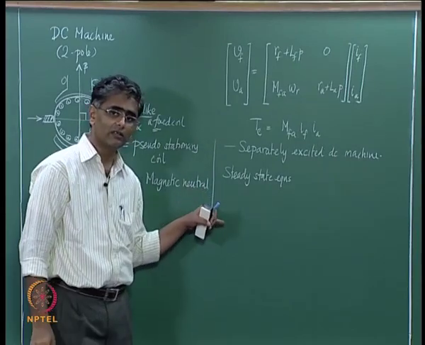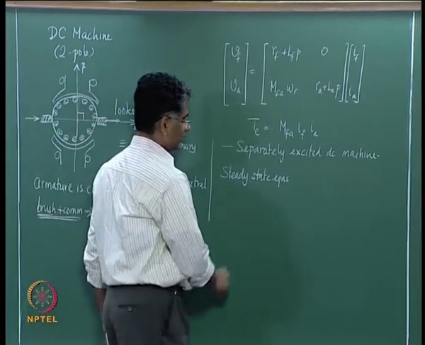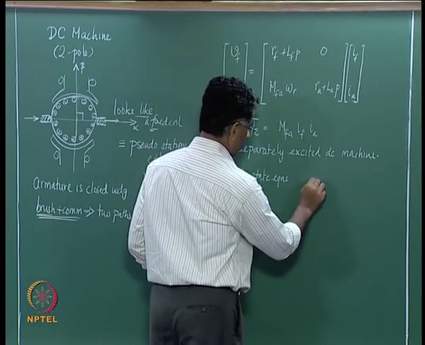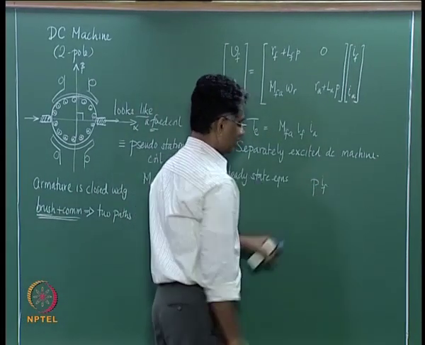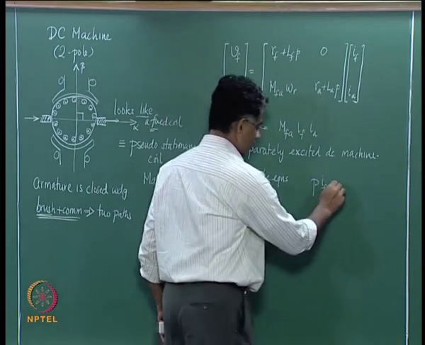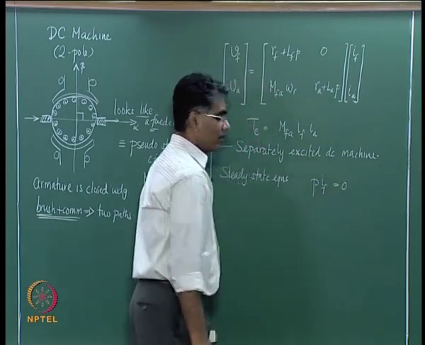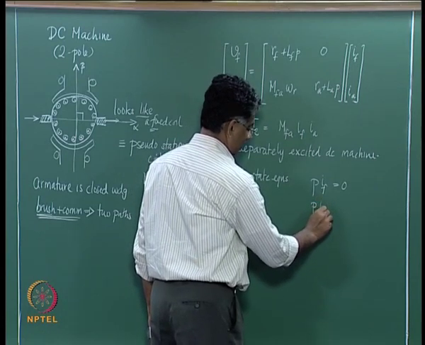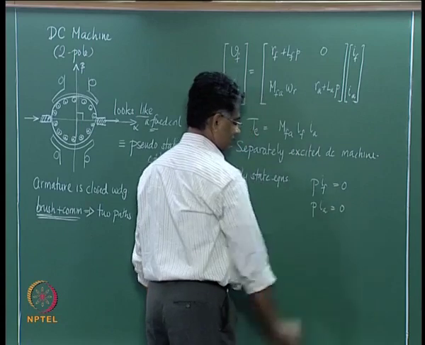Steady state in the case of a DC machine means that there is no change in the DC value, and therefore P of IF, which is nothing but d by dt of IF, is 0. The armature is also going to have DC, and therefore P of IA is 0.